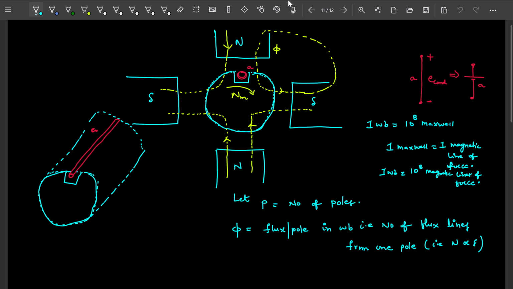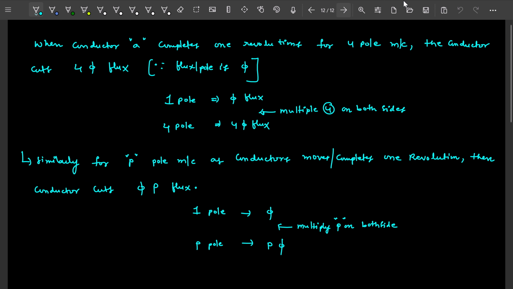Here we have shown only 4 poles, but if there were P number of poles, then when the conductor moves one revolution it sees P poles. So for one pole we have phi, and for P poles we have phi into P. That is the meaning of this.